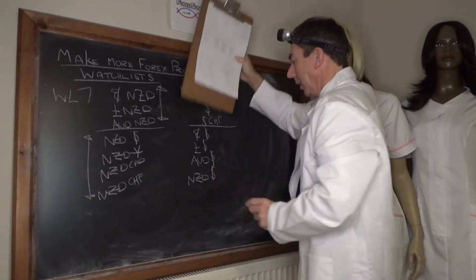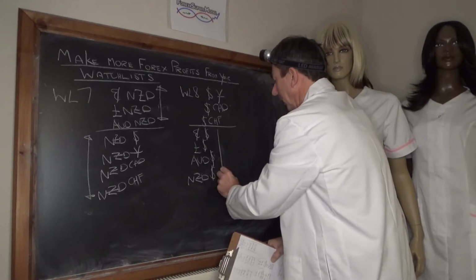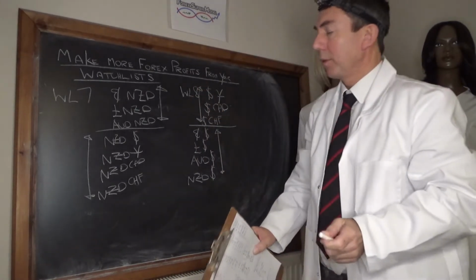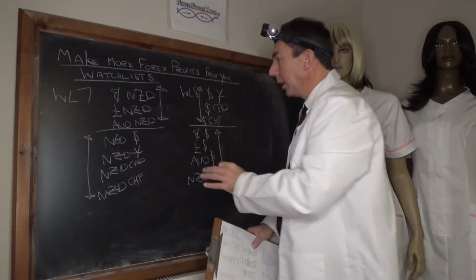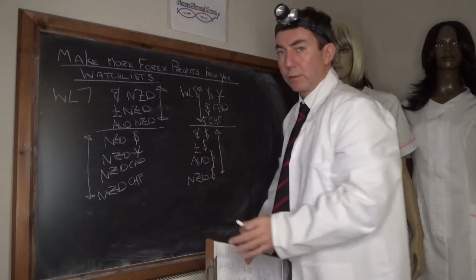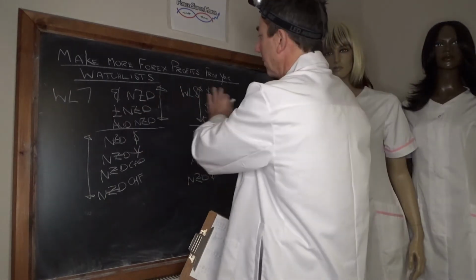So the dollar's on this side here, and the dollar's on this side in these three. So the same principles apply. It's just slightly more messed up because we've got 3 pairs running against 4 in watch list 7 and 8.